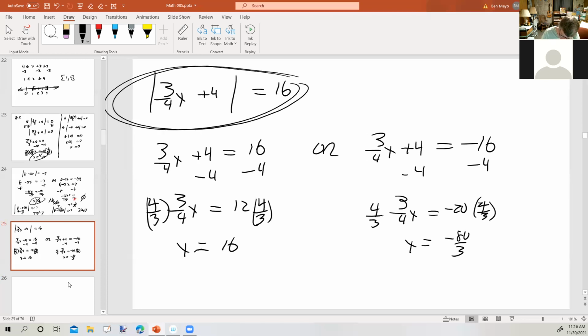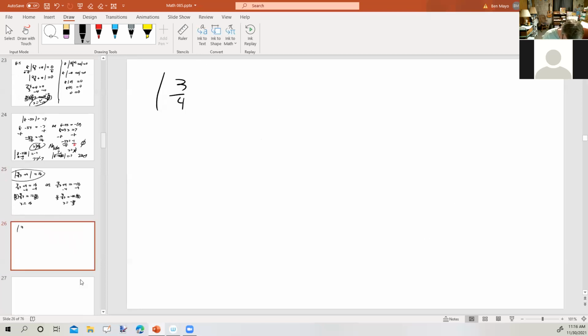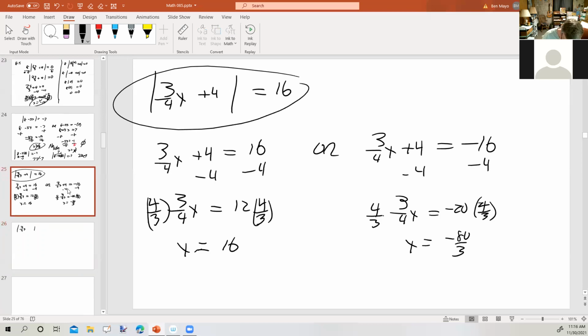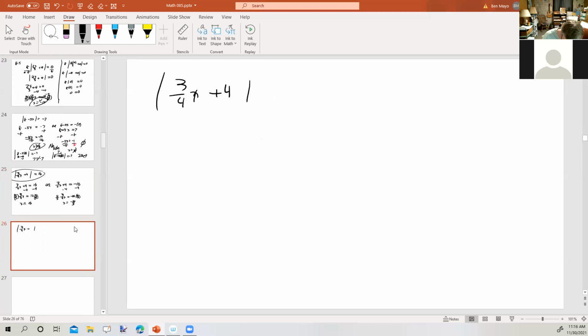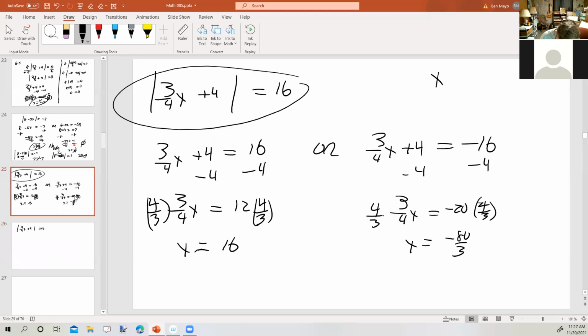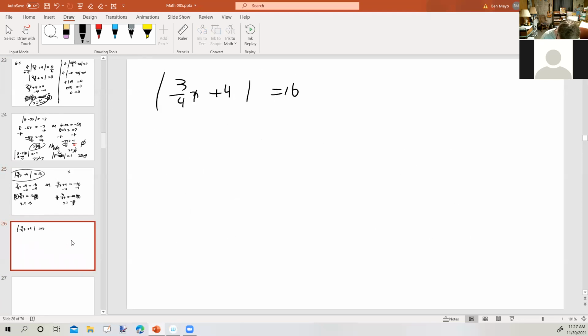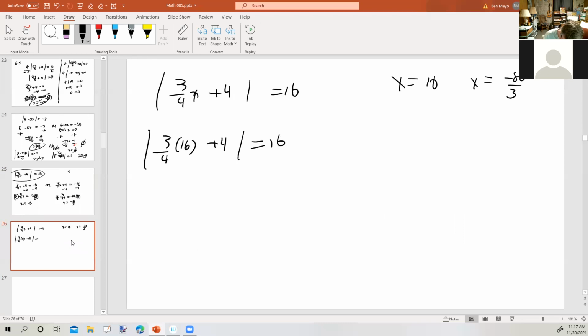Take 3/4 x plus 4 equals 16, and let's take x equals 16 and -80/3. If x is 16, we get 12 plus 4, 16. So that one checks.